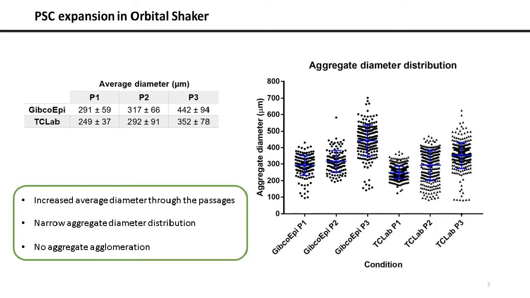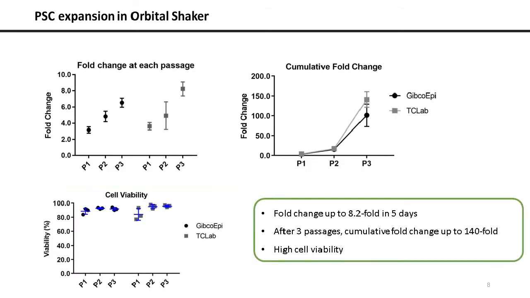But besides the homogeneity of the population, we also wanted to assess if the cells were growing. For that, we counted the cells at each passage, and we can see that there's an increase in fold change at each passage that goes up to 8.2-fold in only 5 days.